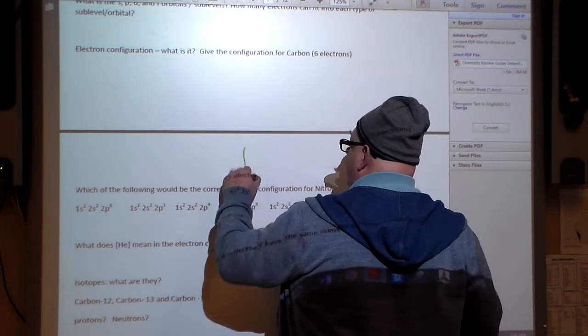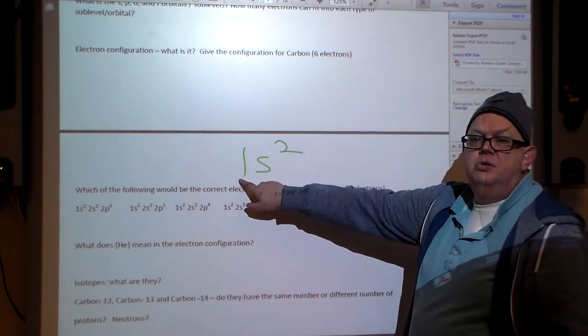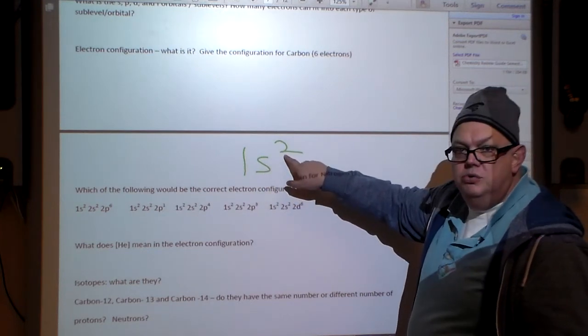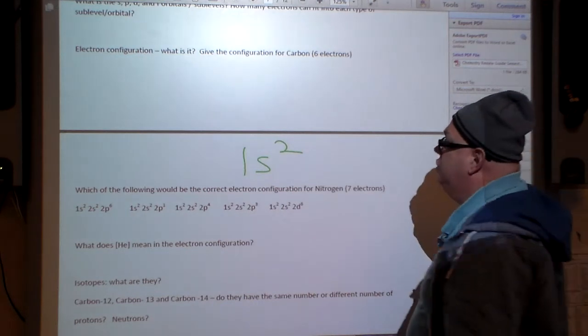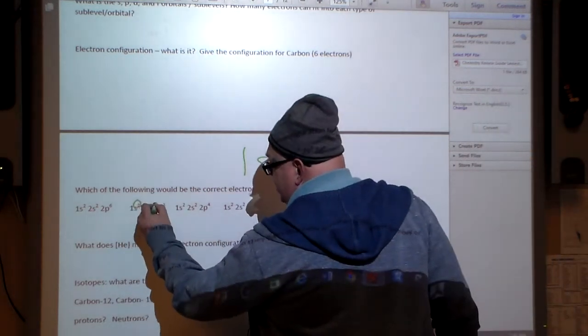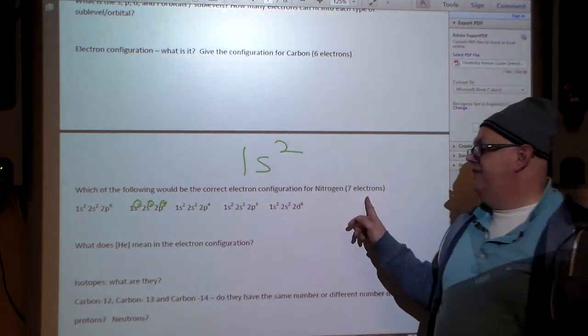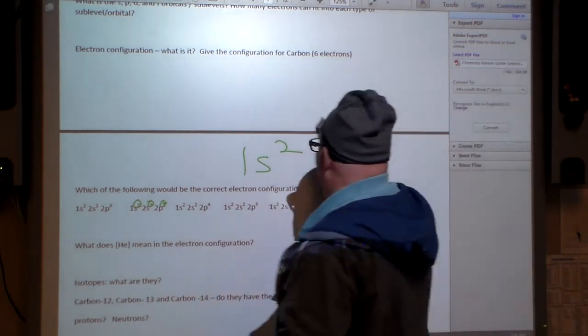If I have 1s2, the 1 is the principal energy level, the s is your sub-level, the 2 is how many electrons you've got in there at that moment. So you're going to take these numbers here and you're going to add them up to get 7, okay? And I will let you figure that one out.